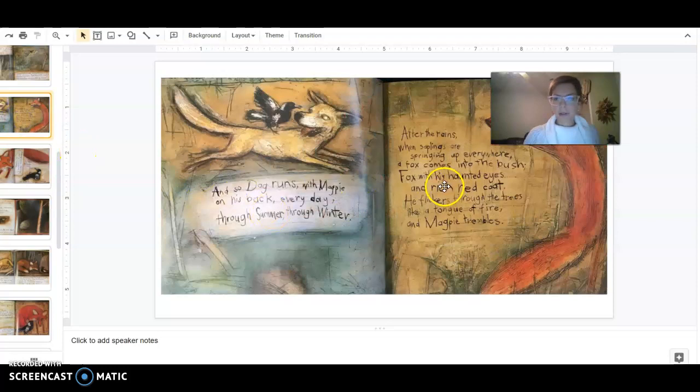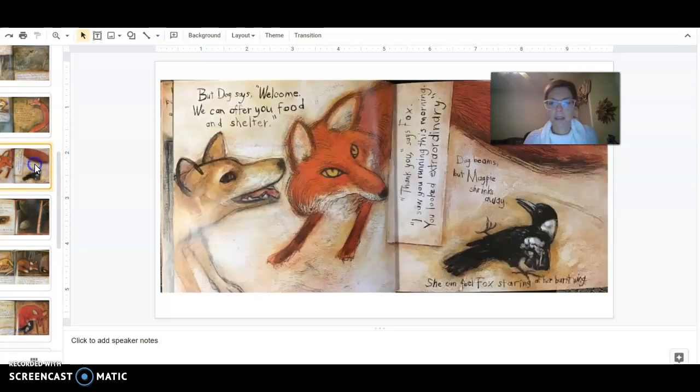Okay, I'm going to go looking through here. Dog runs with Magpie on his back every day, through summer, through winter, after the rains, when saplings are springing up everywhere. A fox comes into the bush, Fox with his haunted eyes and rich red coat. He flickers through the trees like a tongue of fire, and Magpie trembles.